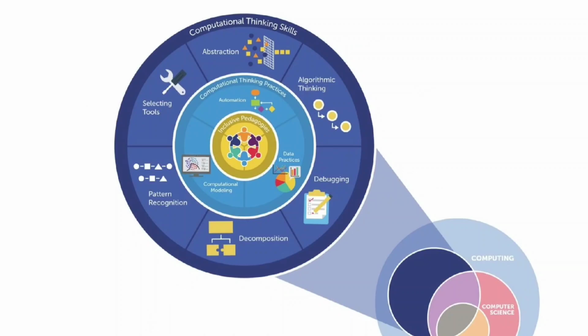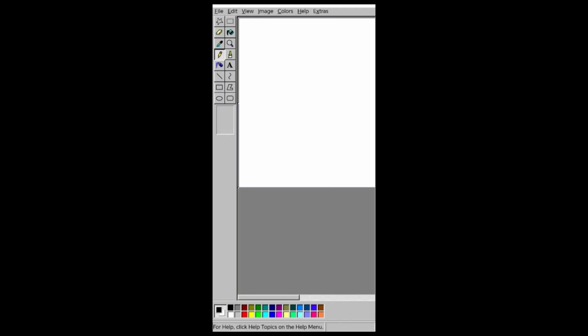Now, as an example for computational thinking skills, I'm showing you a painting application. I gave one assignment. For example, you draw a picture as you like, but it should contain a leaf.